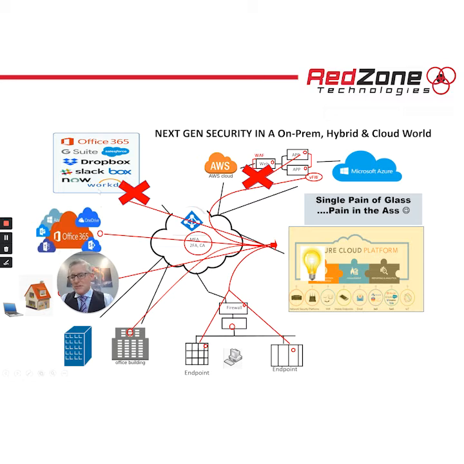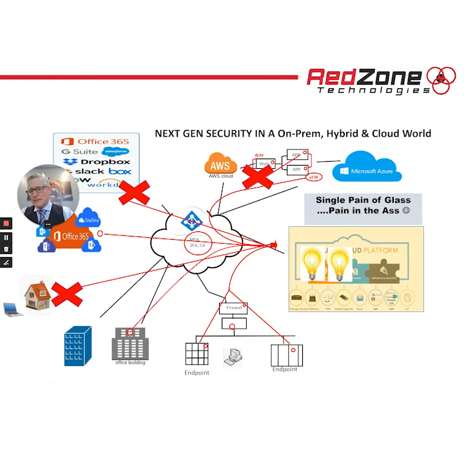If something happens, a compromise at a Box or Dropbox or Workday, you have a light that goes off on your security consoles. If you have something happen down here with a home user working from home, a light goes off. If you have 365, a light goes off. So you can see the pattern that's emerging.